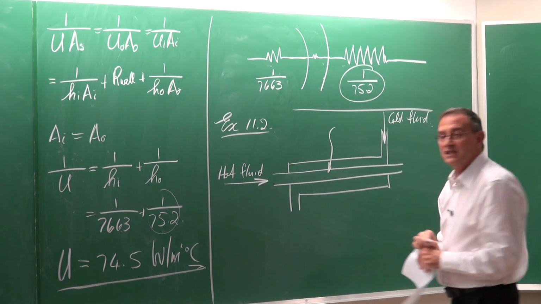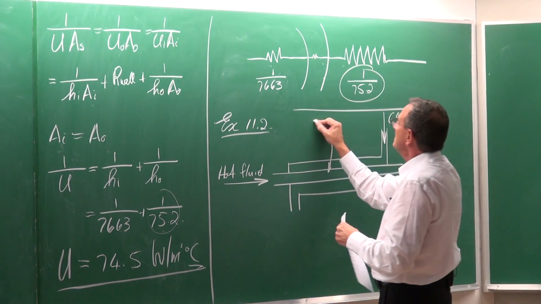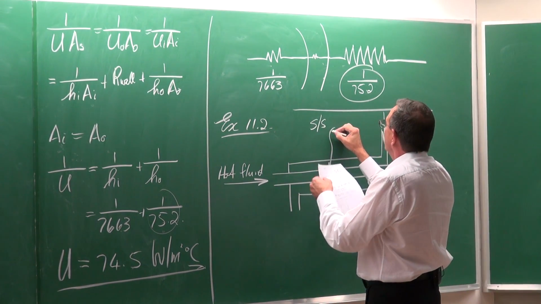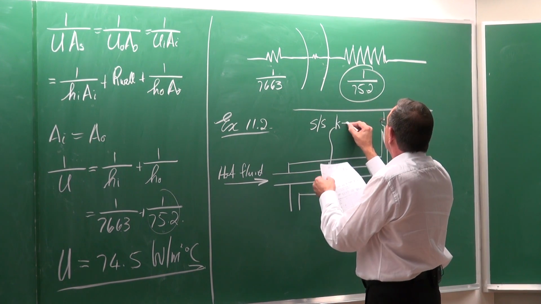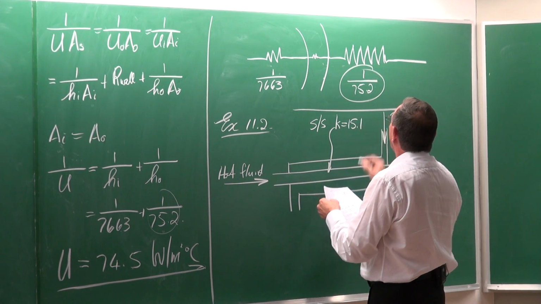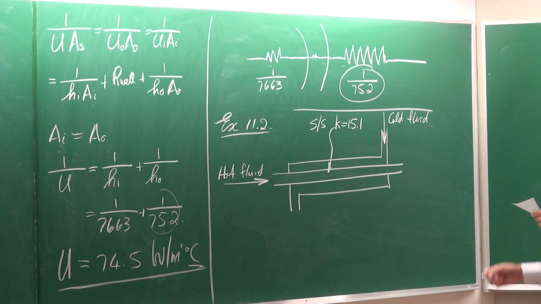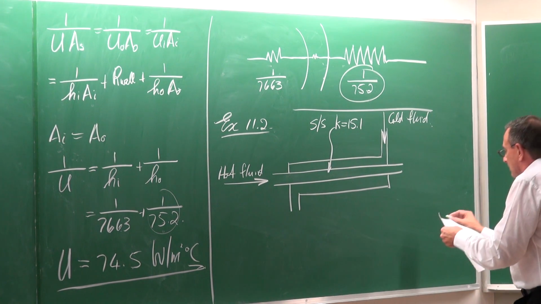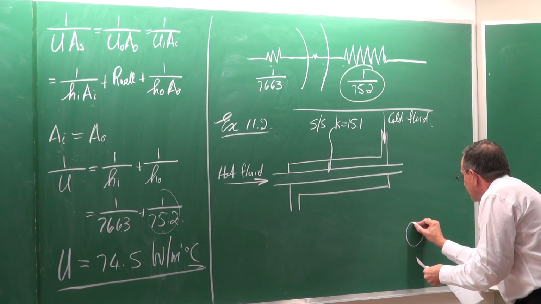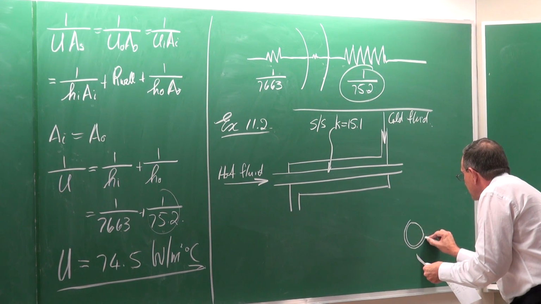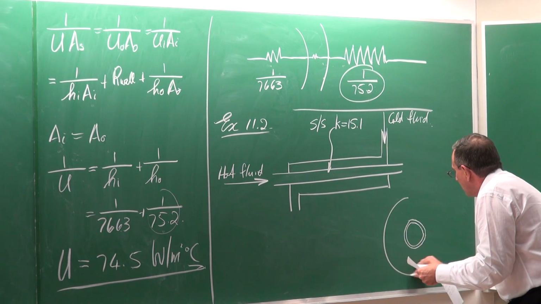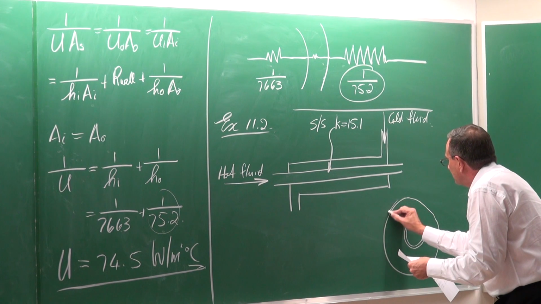The tube on the inside is from stainless steel, and the K value is equal to 15.1 watts per meter Kelvin. The tube diameter looks like this. That is the inner tube, and that is the outer tube.